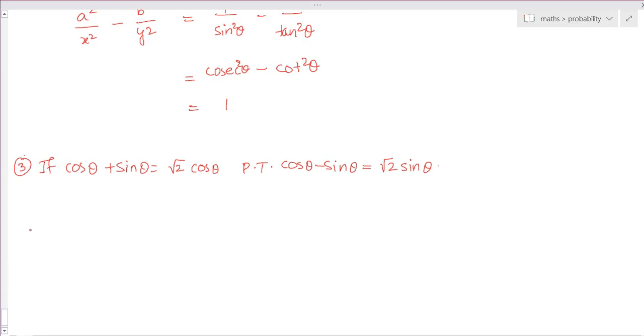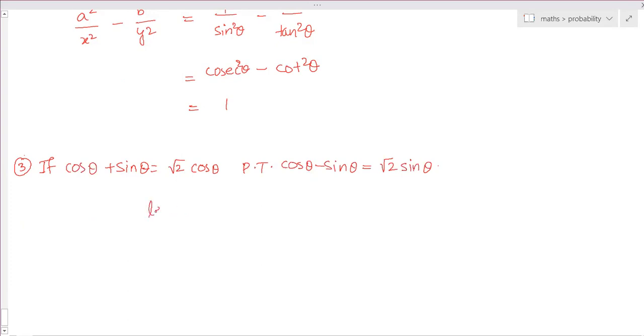Here 3 methods are there, but generally I will suggest the method which is applicable for many questions, not for just one question. We have been given this value and they have asked for the opposite value, the same terms but with the opposite sign.